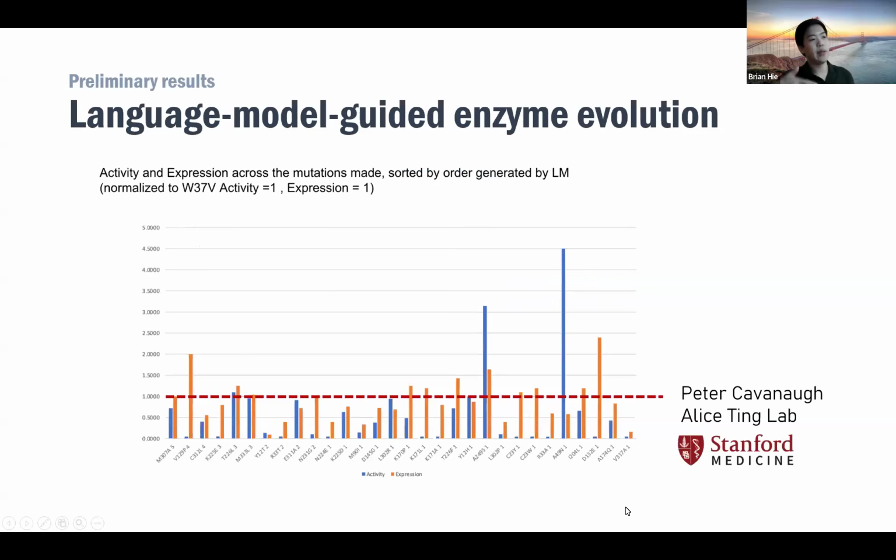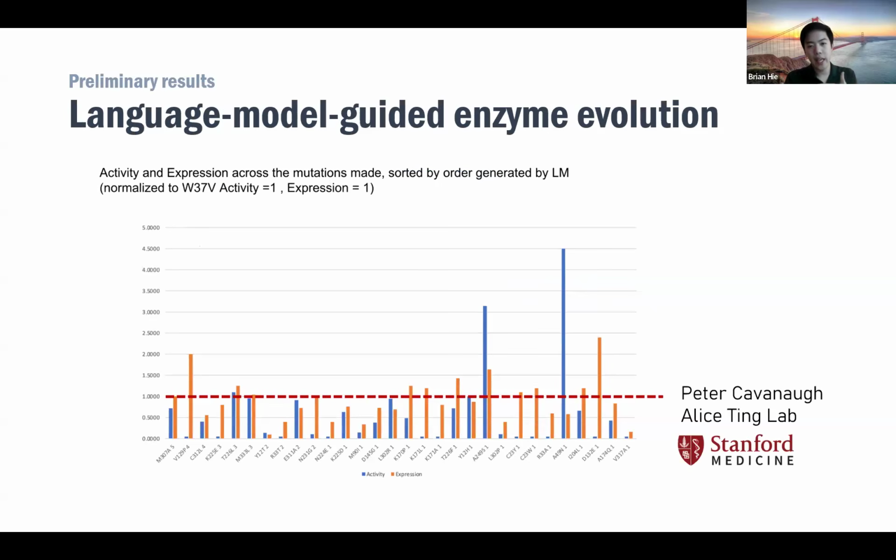Something that is maybe a little bit beyond the scope of the community here today, but that I wanted to briefly highlight, is that the models that we use are not actually specialized to antibodies. They're general protein language models trained on basically all observed protein evolution.